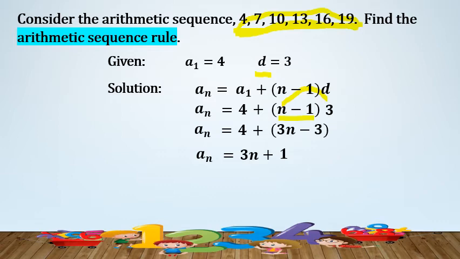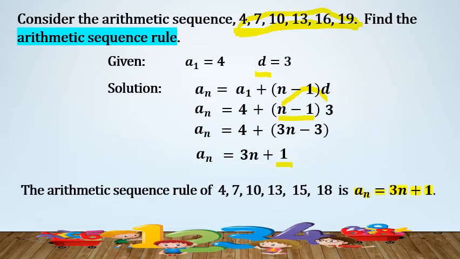Paano nakuha yung 1? Shortcut na pala to. 4 minus 3, we have 1. The arithmetic sequence rule of 4, 7, 10, 13, 16, 19 is a sub n equals 3n plus 1.